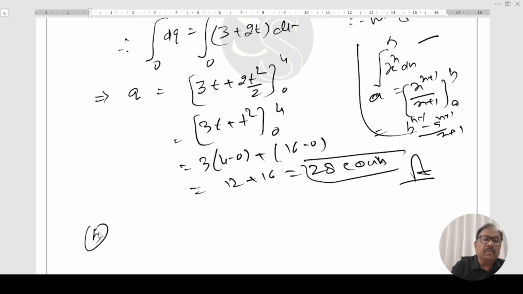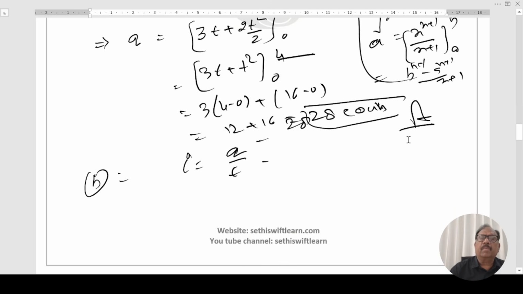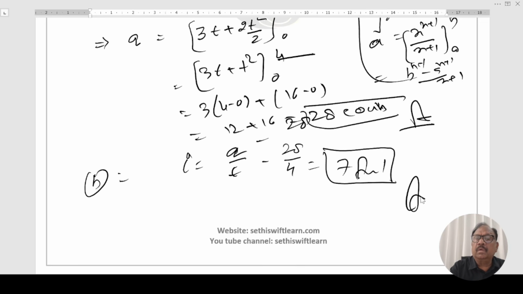Part B answer, I equal to Q by T: 28 divided by the time, which is 4 seconds, the same interval. What constant current would transfer the charge in the same interval of time, that is 4 seconds? That is 28 divided by 4, that is 7 ampere. That is the answer of part B.